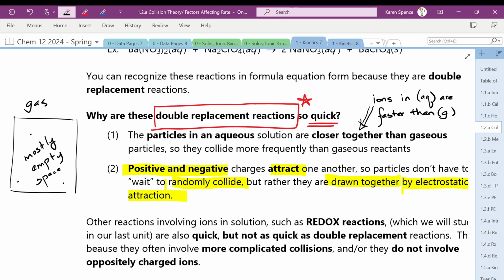Yes? But if you have aqueous, now what you've got is the particles are much closer together.